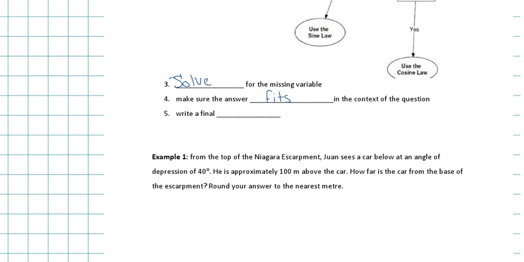Also remember that angles should be to the nearest degree, no decimal. Sides, 1 decimal. And when you have ratios, you're going to leave them to 4 decimals.